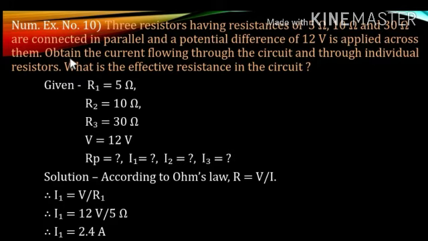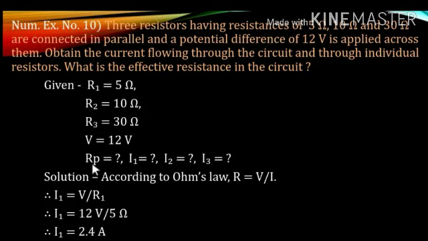Obtain the current flowing through the circuit and through individual resistors. What is the effective resistance in the circuit? Now here given data is R1 is of 5 ohm, R2 is of 10 ohm, R3 is of 30 ohm, and potential difference V is equal to 12 V, that is 12 volts.